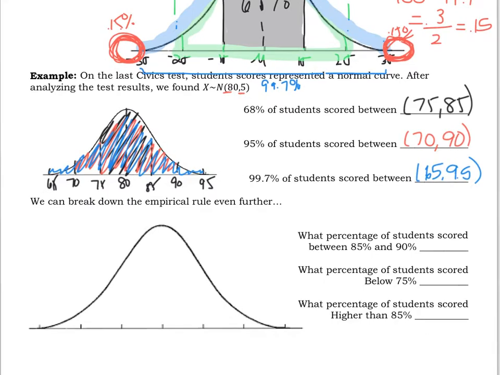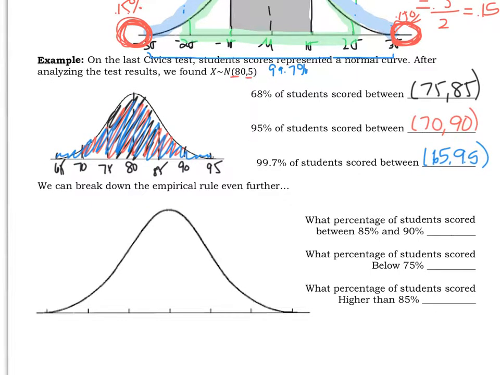The nice thing about the empirical rule is we can break it down a little bit further. We don't always have to just say 68, 95, or 99.7. If I draw again and label my picture generically, here's my mean, 1 sigma, 2 sigma, 3 sigma, negative 1 sigma, negative 2 sigma, negative 3 sigma.